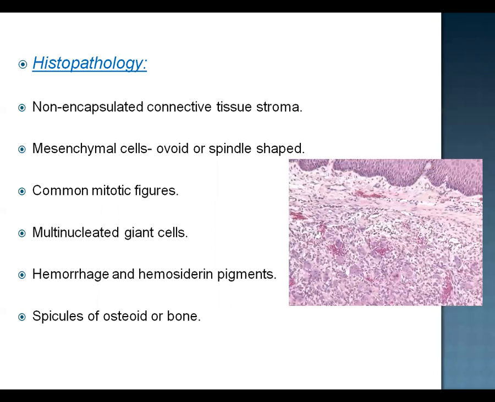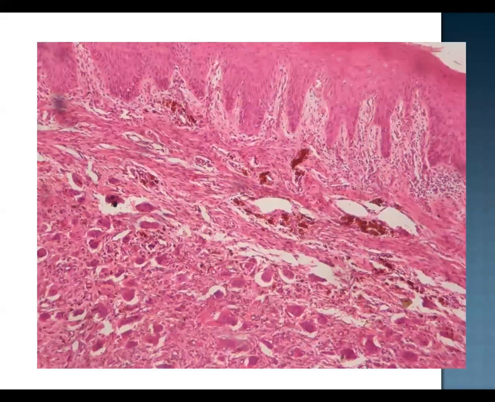Histopathologically, there is a non-encapsulated connective tissue stroma, mesenchymal cells, ovoid or spindle shaped, with common mitotic figures. An important finding in peripheral giant cell granuloma: as the name suggests, giant cells, that means multinucleated cells, are present, along with hemorrhage and hemosiderin pigments, and spicules of bone. It is named peripheral giant cell granuloma because it is present in peripheral areas, that is the soft tissue areas.